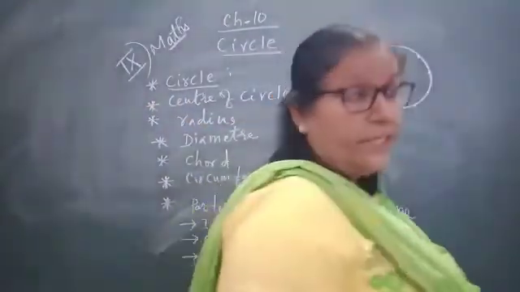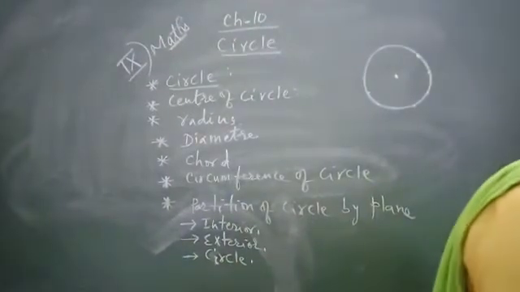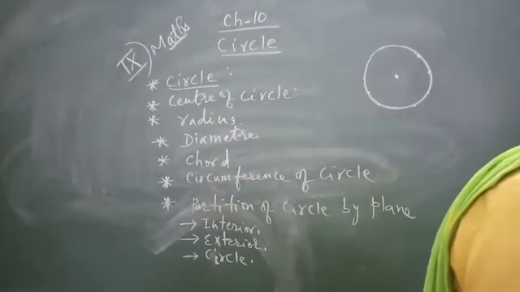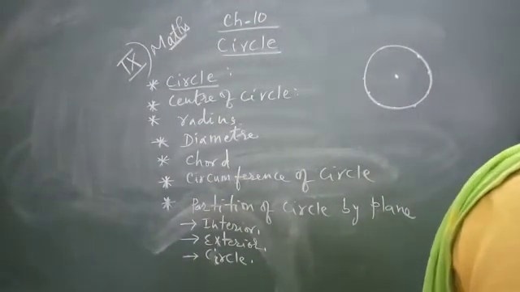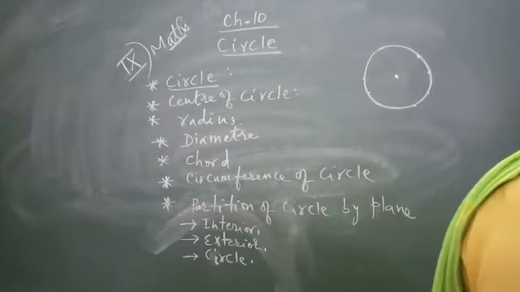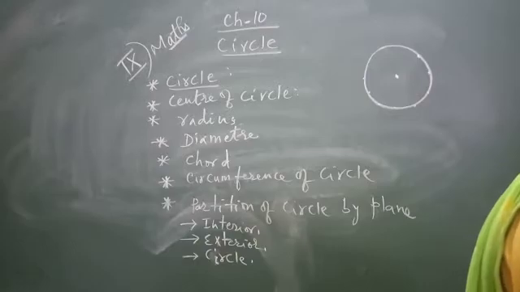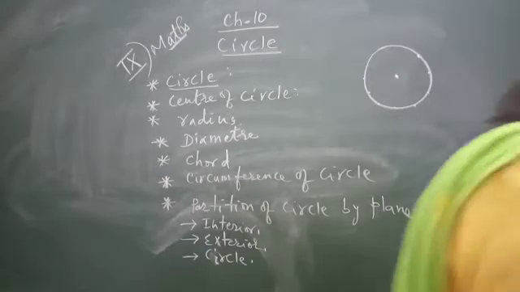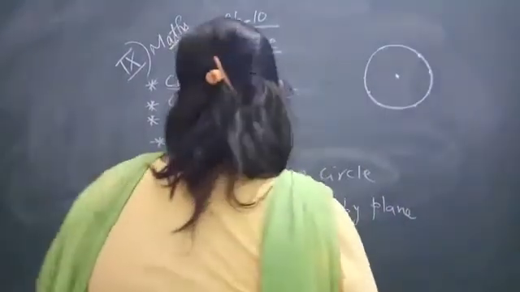So how to define the circle? The collection of all the points in a plane which are at a fixed distance from a fixed point in the plane is called the circle.